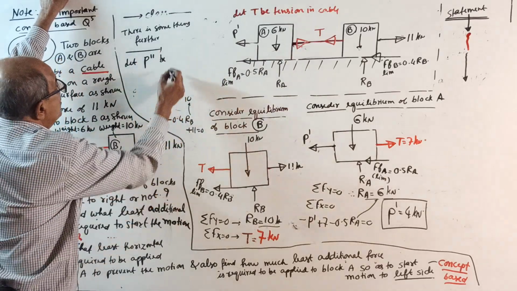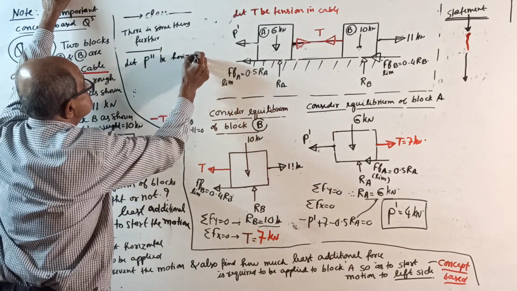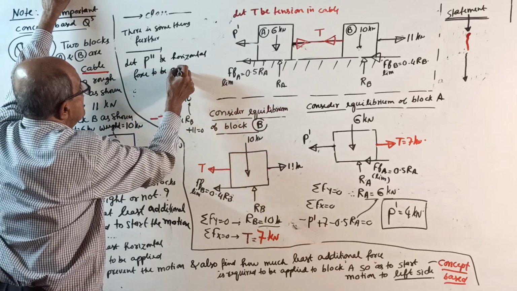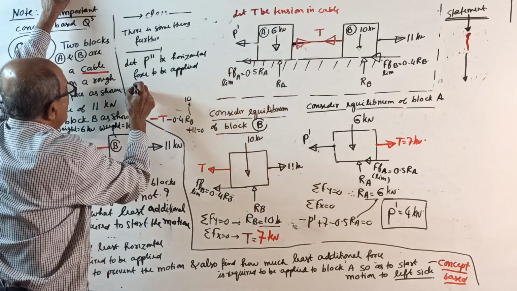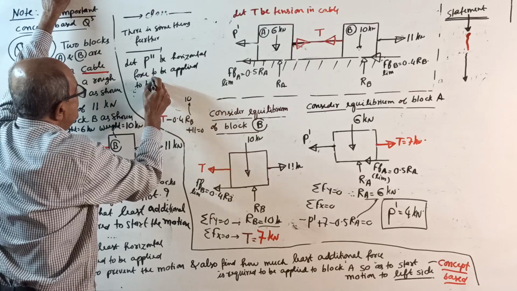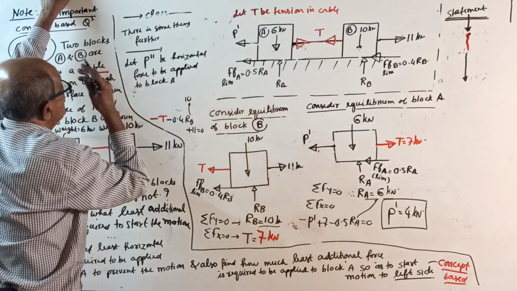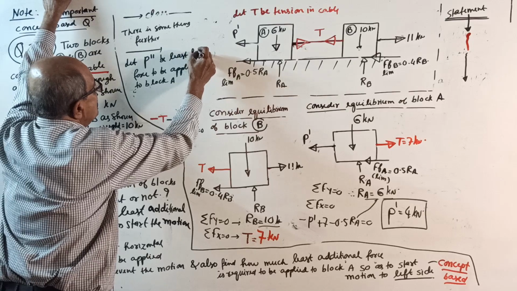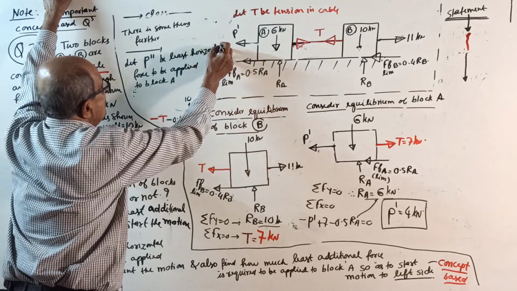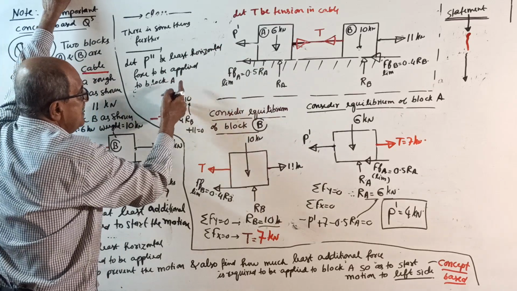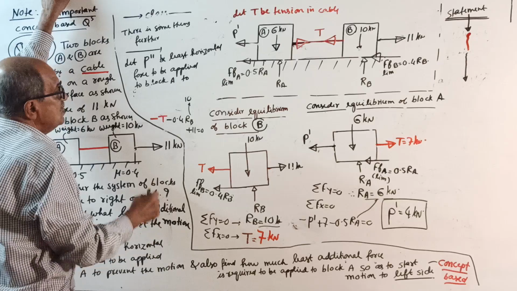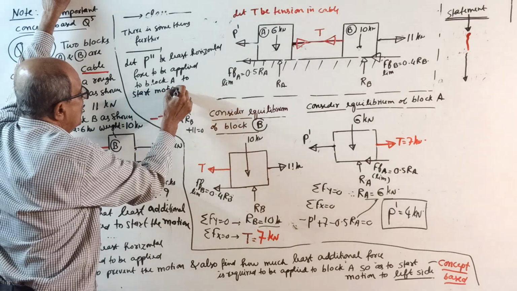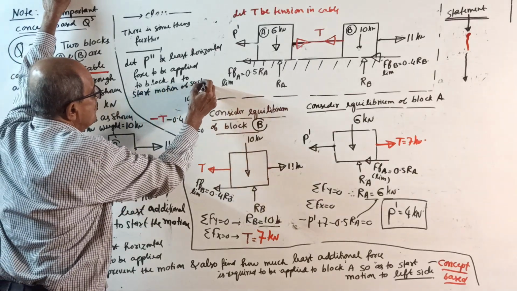Right here, now I'll do one thing, not P dash, I'll put a P double dash. P double dash, the least horizontal force to be applied to block A. Once again, limiting case: horizontal force to be applied to block A to start motion of the system to which side?